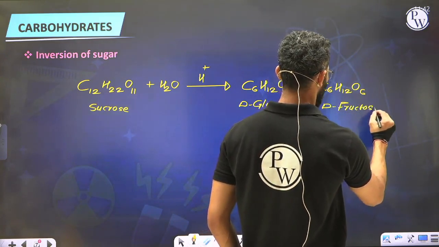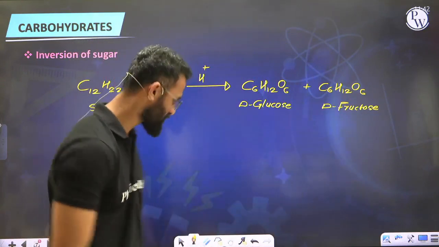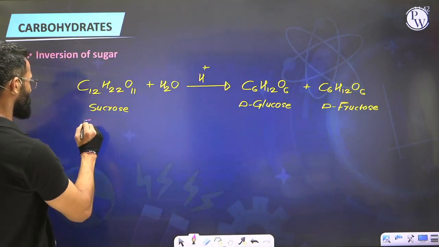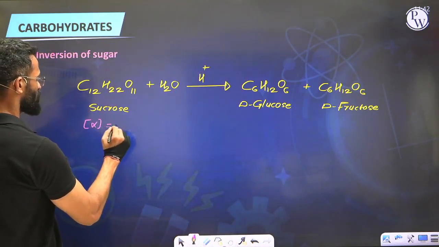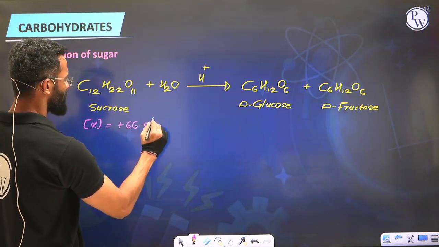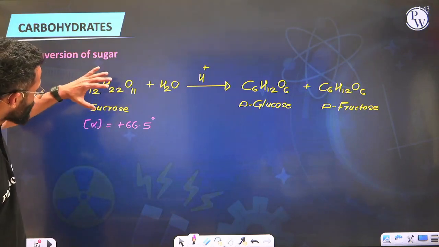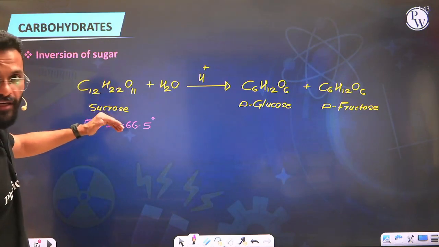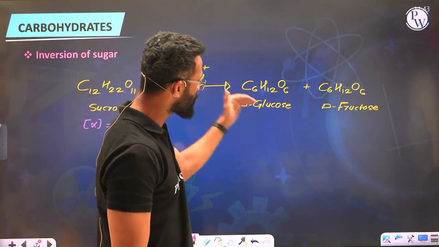But everyone, like I mentioned, glucose is dextrorotatory, fructose is levorotatory. If you find out the optical rotation of sucrose, you will find it is plus 66.5 degree. So the starting compound sucrose shows optical rotation which is dextrorotatory. Upon hydrolysis, the mixture has D-glucose and D-fructose.